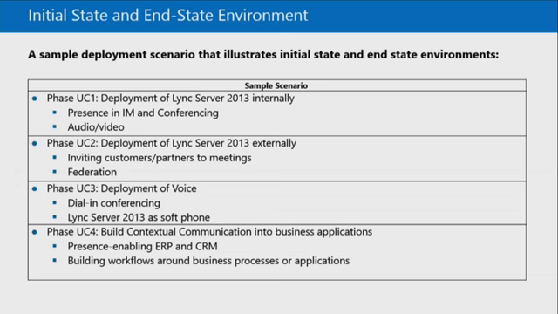We provide for presence, IM and conferencing. We provide for audio, video, person-to-person audio, video. We turn on the external. We get Edge working. We get Federation set up. We deploy dial-in conferencing and Lync as a soft phone. And then we roll out and build those Lync features into our ERP and CRM systems.